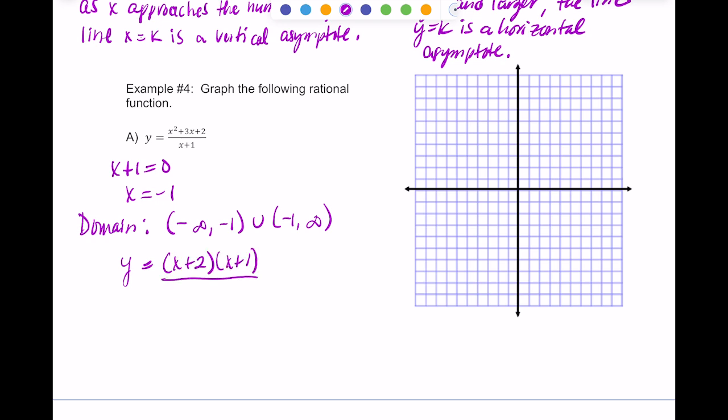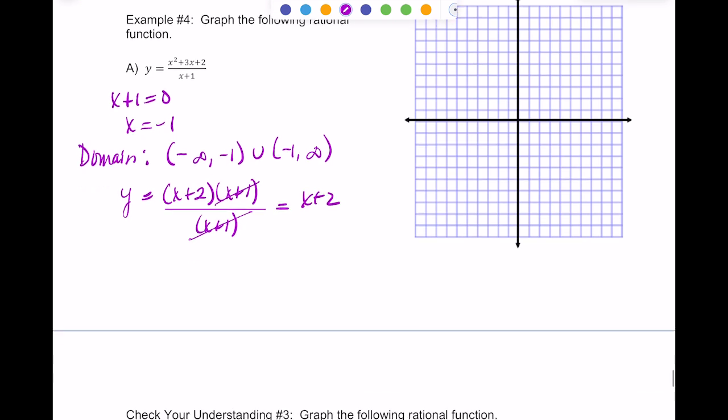And then I put the denominator x plus 1. If you notice, the part that gave us the bad number, -1, it's going to cancel out. So it was removed. We call that a removable discontinuity. All that's left is x plus 2.